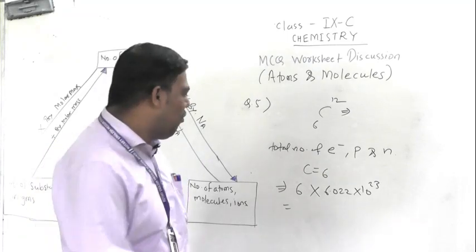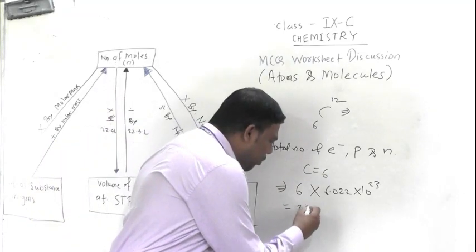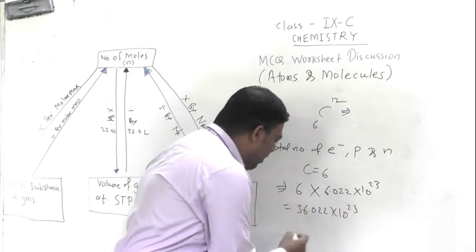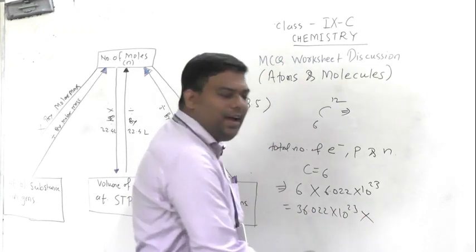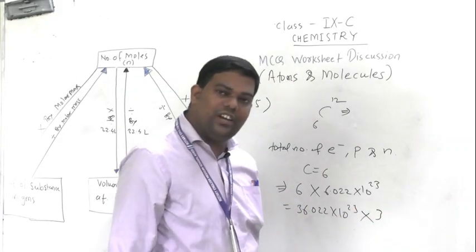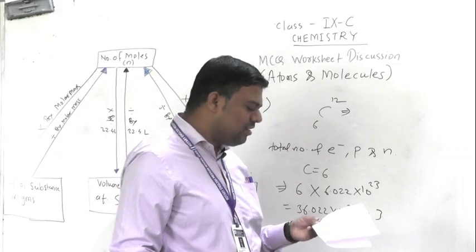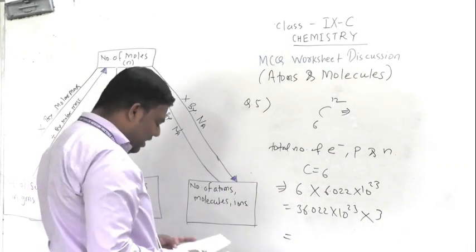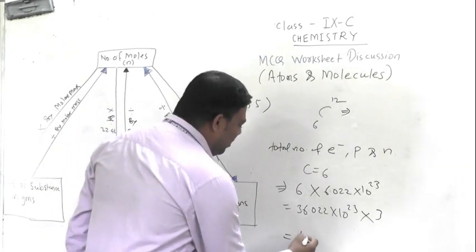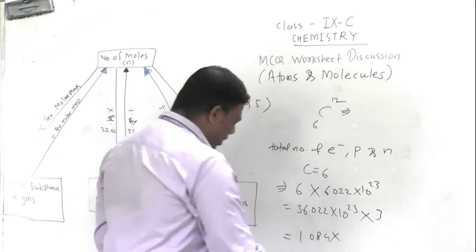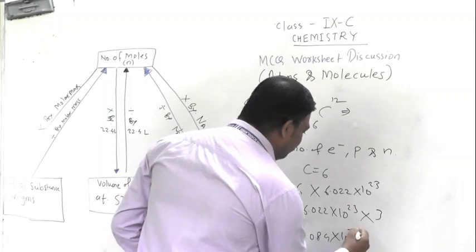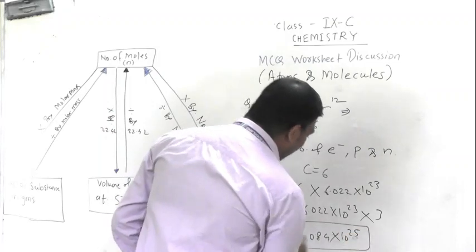Whatever answer 36.022 into 10^23 you got, multiply by 3 because 3 different quantities, electron, proton and neutron, are wanted. So you will get the answer 1.084 into 10^25. Okay, it is your answer.